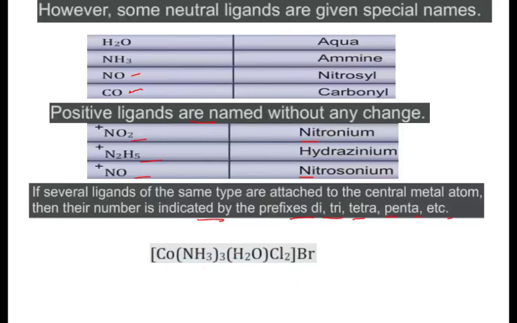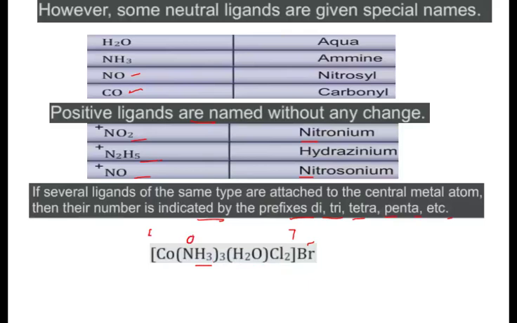First of all, predict whether it's a cationic complex or an anionic complex. It's a cationic complex because it is written on the left-hand side, and bromide is the anion. So select the coordination sphere. This is the coordination entity, and it is heteroleptic, that is, 3 types of ligands are there.